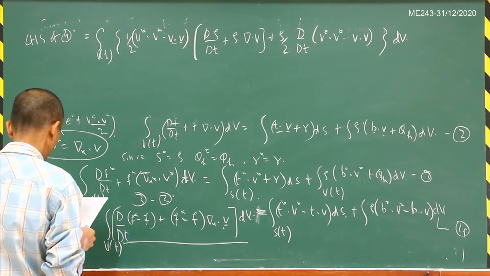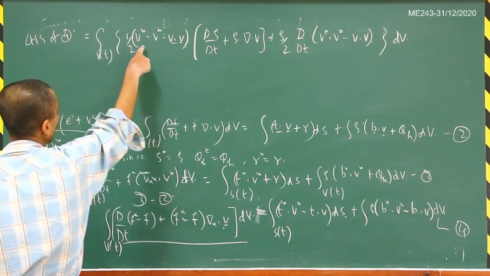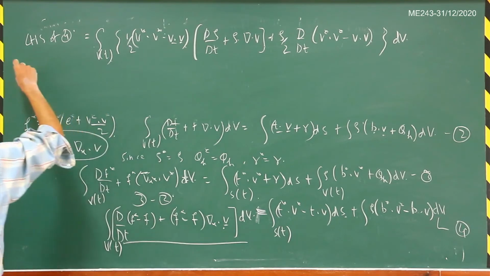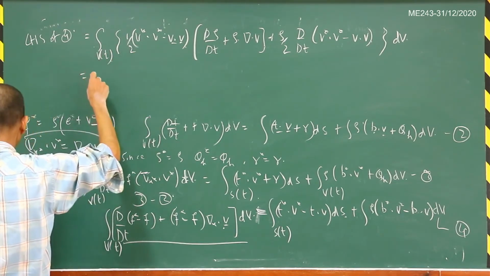And this I can now substitute for v star. Correct? So we have the relation between v star and v, so use that in terms of the skew.